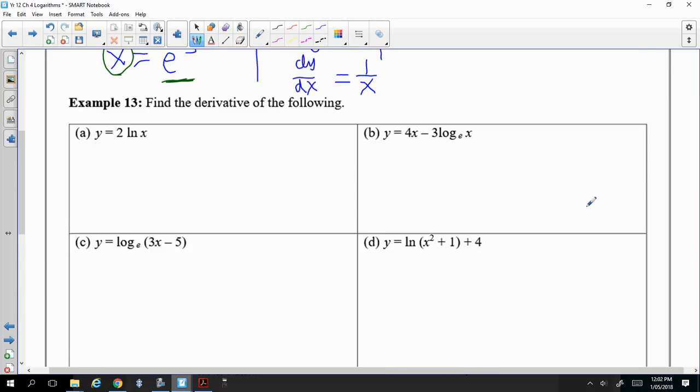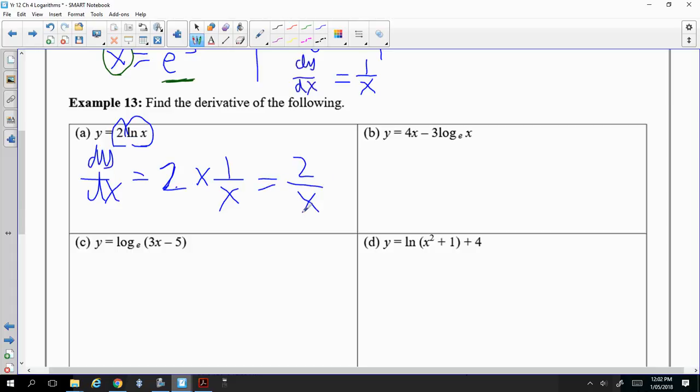Differentiate the first one, dy over dx. When there's a constant in front, you ignore it, and then multiply by the derivative of ln x, which is 1 over x. So the answer is 2 over x.